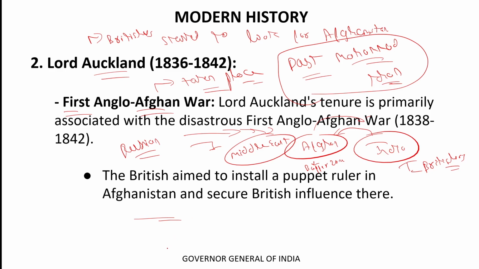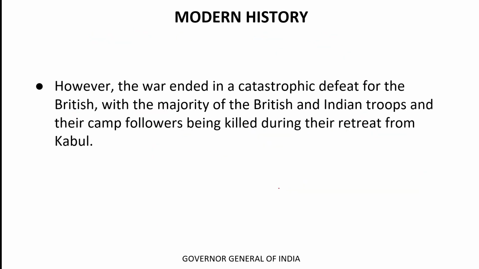The Britishers lost this battle. They did not succeed in installing a puppet ruler in Afghanistan to check the Russians and maintain the buffer zone between the Russian Empire and the British Empire. The war ended in a catastrophic defeat for the Britishers, with the majority of British and Indian troops and their camp followers being killed during their retreat from Kabul.